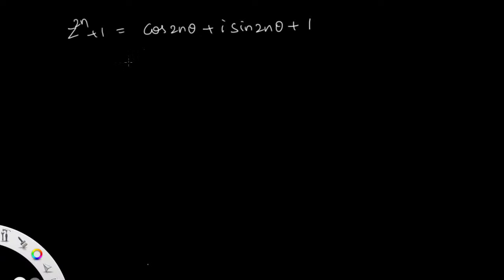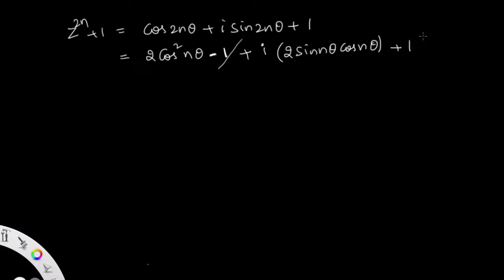Now we substitute the other formula, 2 cos square theta minus 1, but in terms of 2n: 2 cos square n theta minus 1 plus i into sin 2n theta, that is 2 sin n theta cos n theta, plus 1. Now plus 1 minus 1 get cancelled. So 2 cos n theta is common, remaining cos n theta plus i sin n theta.